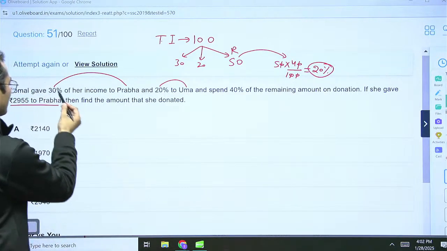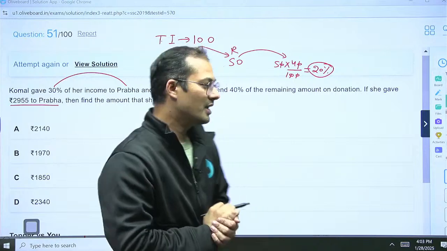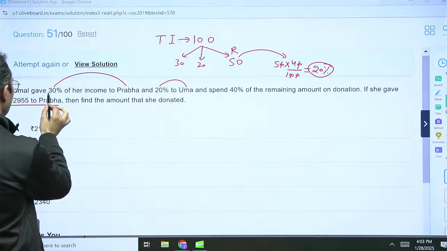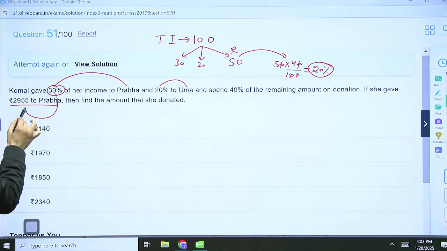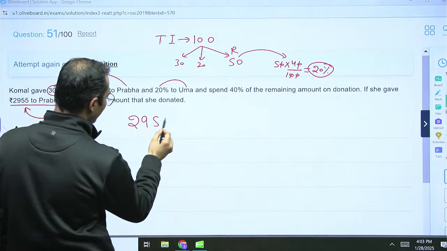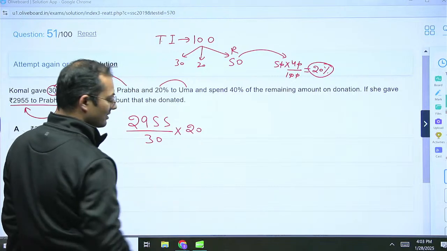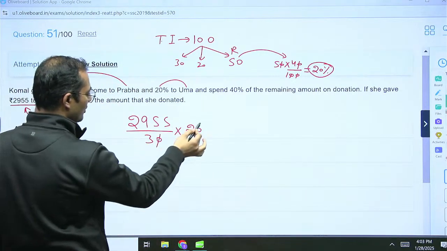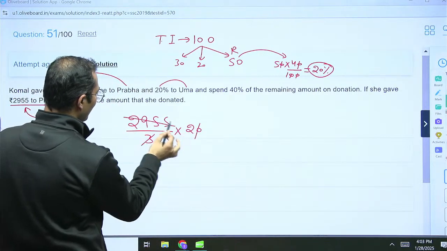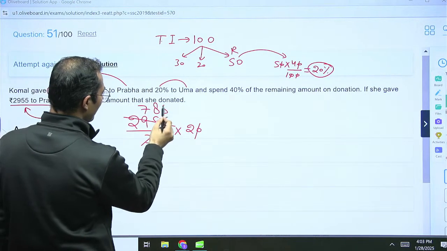Simply, this is a question of percentage, so here we can apply the 100 base approach. Directly we can say that if 30% is equal to 2955, then what is the value of 1%? So 2955 divided by 30, multiplied by 20, gives the donation value. The 0 gets cancelled, 3 7s are 27, 3 8s are 24, 3 5s are 15.